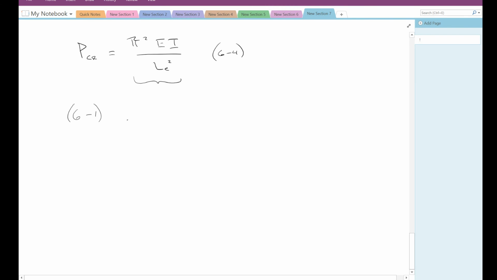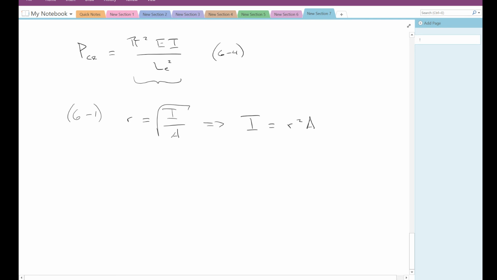So if we recall from equation 6-1 that our radius of gyration is equal to the square root of our area moment of inertia over our area, we can rewrite this formula and say that our area moment of inertia is equal to our radius of gyration squared times our cross-sectional area.